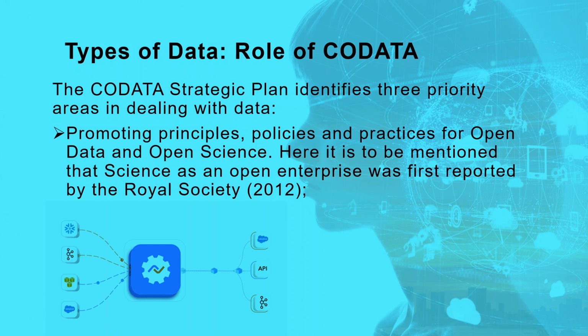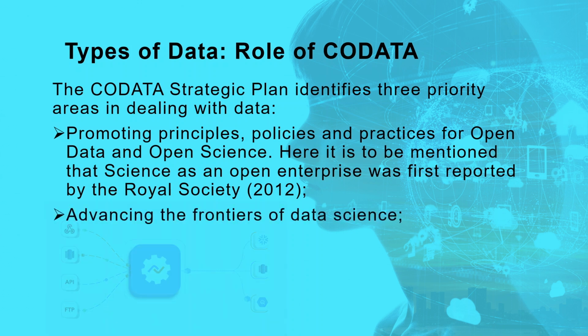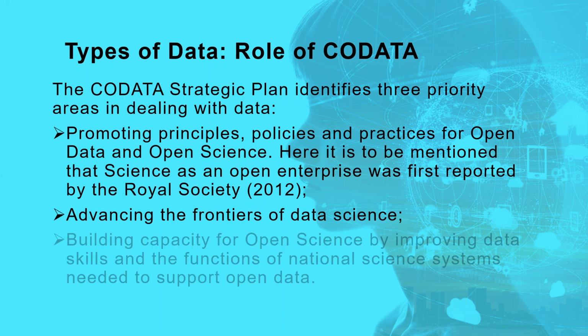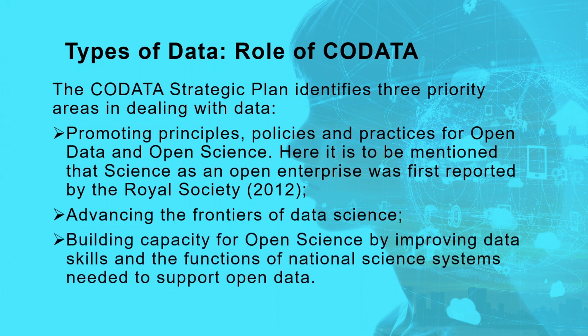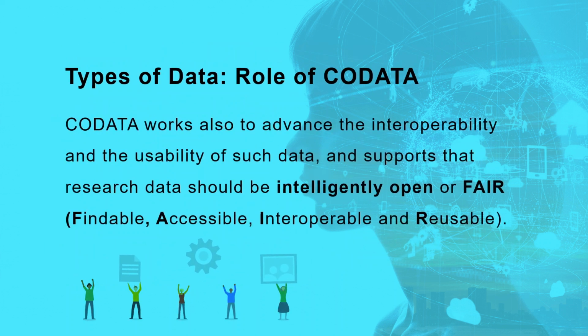Here it is to be mentioned that Science as an Open Enterprise was reported by the Royal Society in 2012. Next, the CODATA strategic plan identified advancing the frontiers of data science and also identifies the priority area of building capacity for open science by improving data skills and the functions of the national science system needed to support open data.